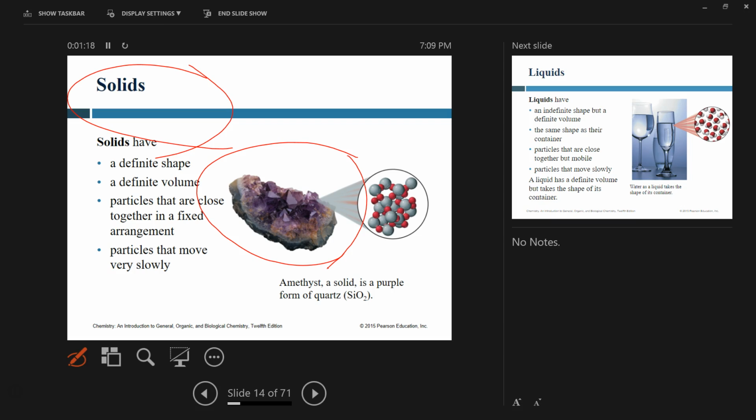And that happens, the specific volume and the specific shape, they have it because the particles, atoms, or molecules inside of the solid are arranged in a very specific manner, very specific order that does not change with time. Does that make sense? So all atoms or molecules in amethyst, they are connected to each other by chemical bonds, and they do not move a lot.